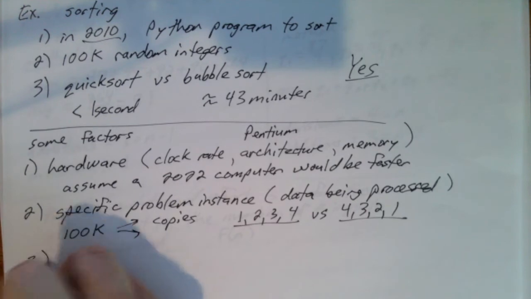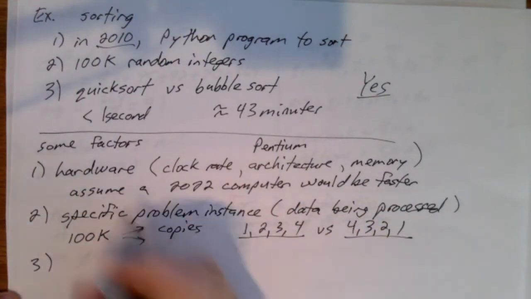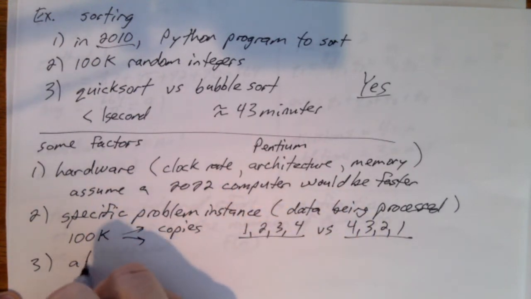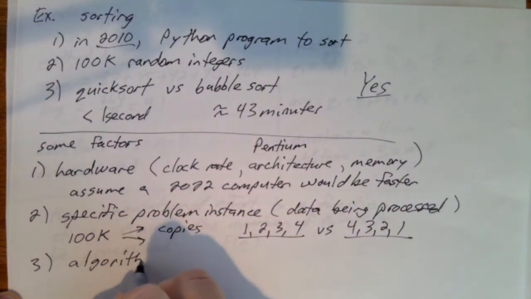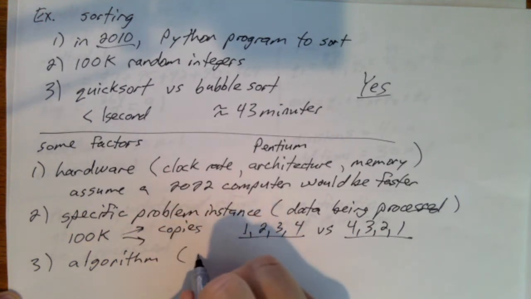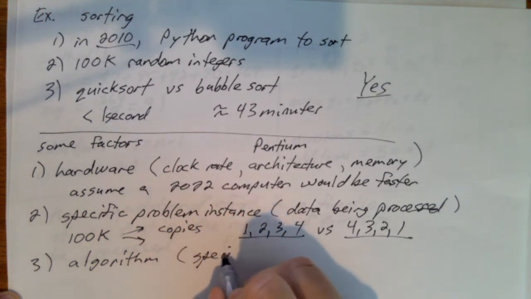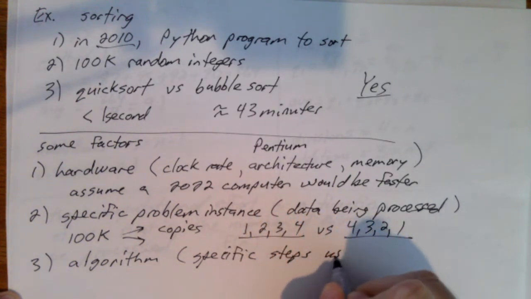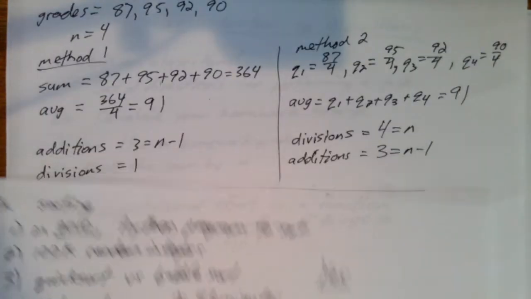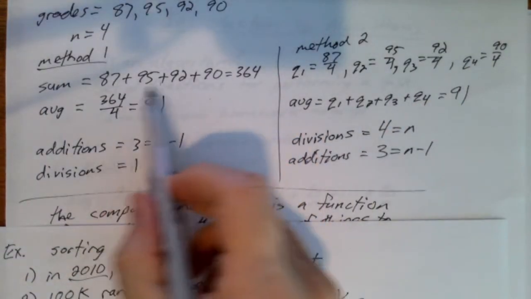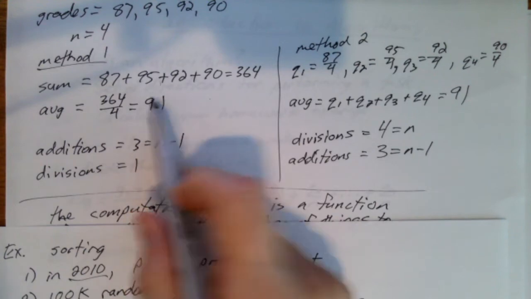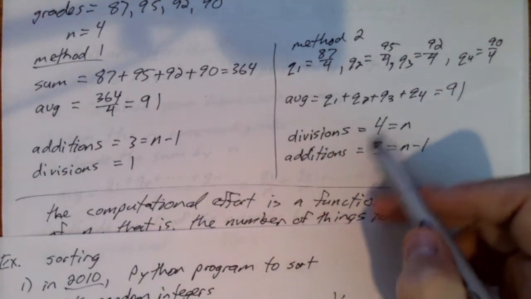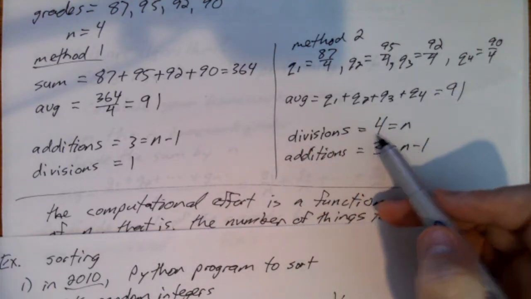And then the third thing that's a factor here, out of the ones I'm naming, that you could probably come up with others, but this would be the particular algorithm. That is, specific steps. If we go back to this example right here, I would argue that this version is better than this version, not only because this has more overall arithmetic steps, right?